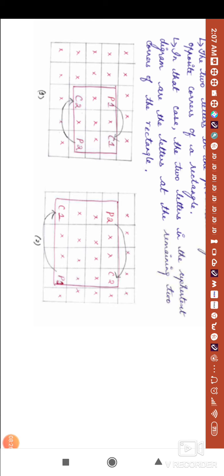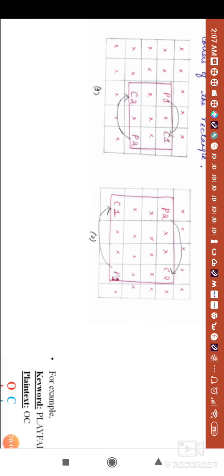They are not in the same row and not in the same column. So we have drawn a rectangle which connects P1 and P2. P1 and P2 are in one corner of the rectangle. So the replacement letters are the letters which lie in the other corners of the rectangle, C1 and C2.